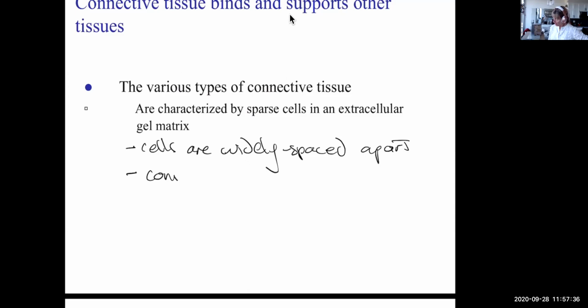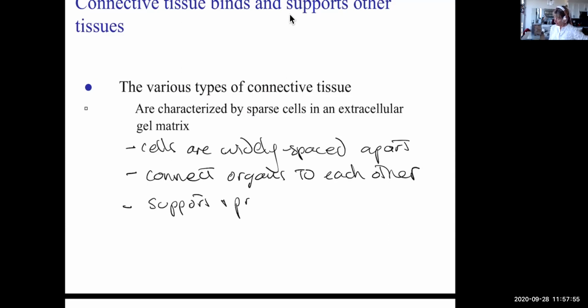The functions of connective tissue are to connect organs to each other. Also, to give support and protection.